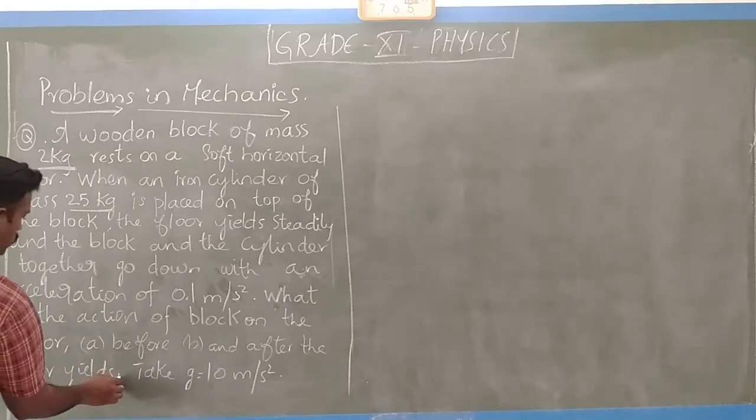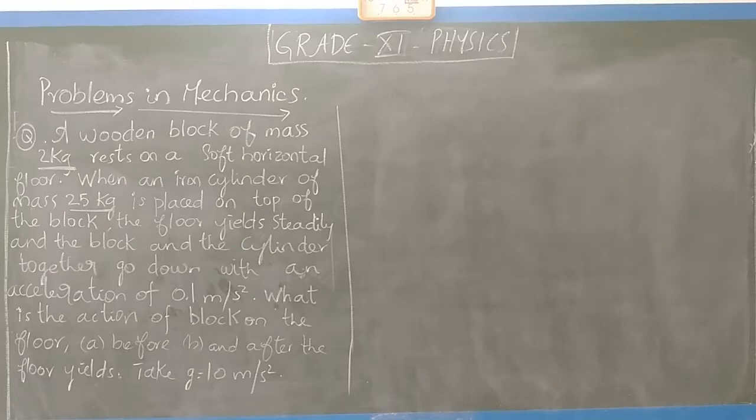Now the first constraint is, so we have two masses, that is the 2 kg mass and the 25 kg mass. So what is the 2 kg mass? The 2 kg mass is a wooden block. I will draw it with the diagram.